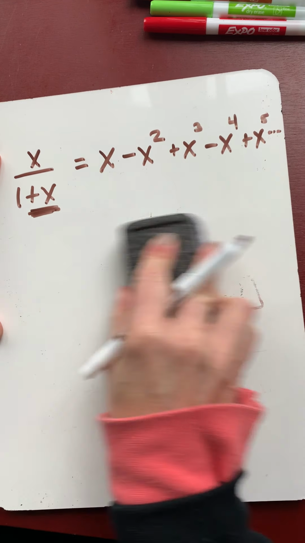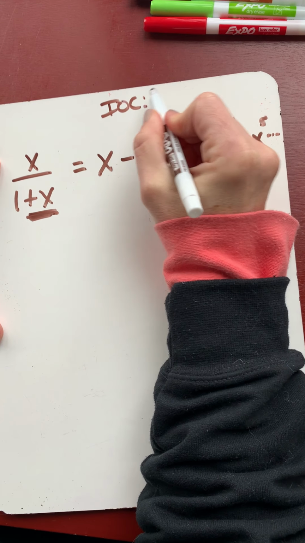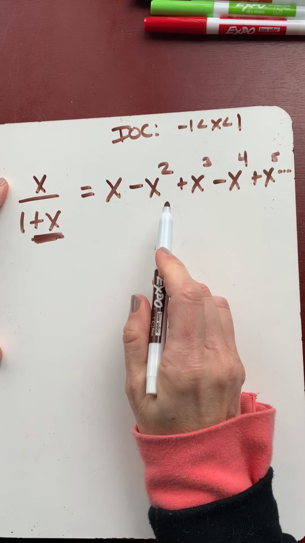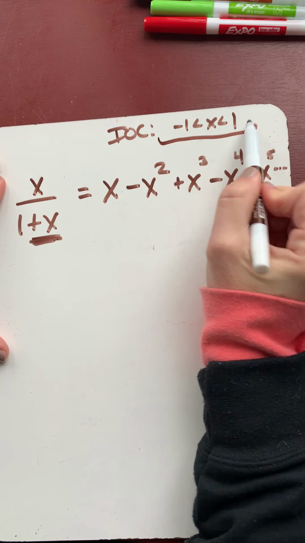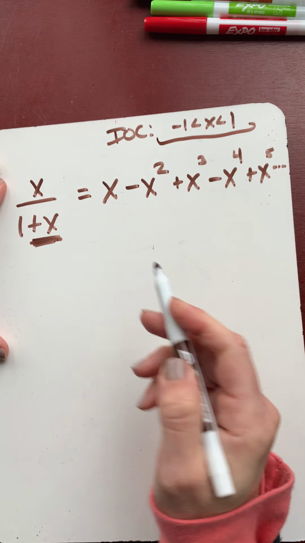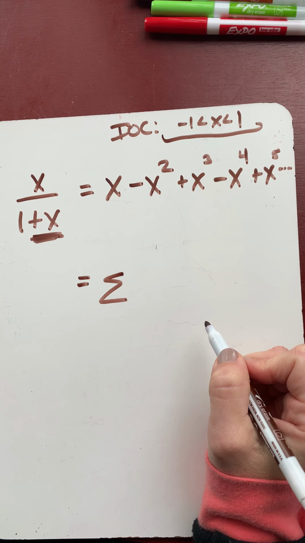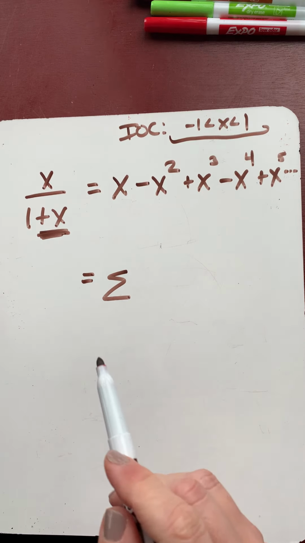And now I need a general term. So let me just write that up here. So if I were to graph all the terms of that series and I were to graph that function, I would have an exact match as long as x was between -1 and 1. General term. So this is a little bit different. Like I said, there's a few different answers you could use.